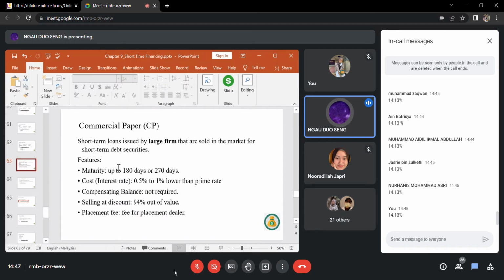Maturity means the due date. Cost: interest rate 0.5% to 1% lower than the prime rate. Compensating balance is not required; it is only required by banks, where the bank asks you to maintain a minimum balance.